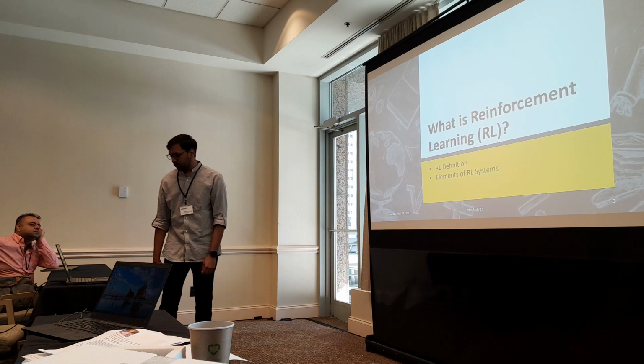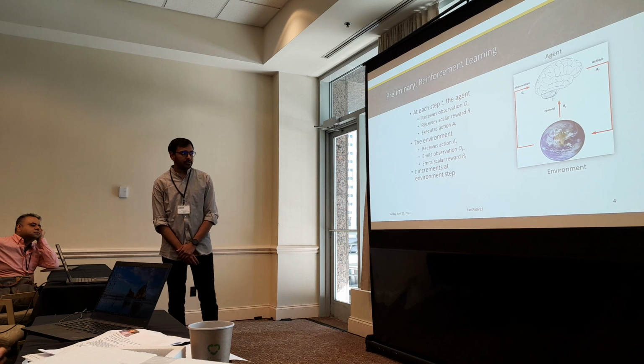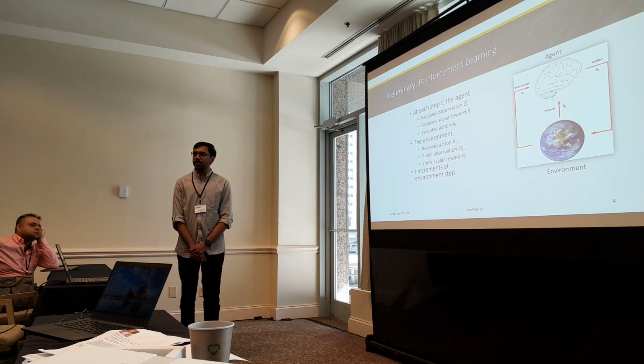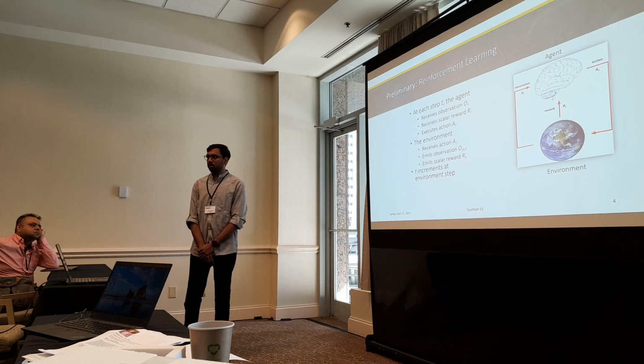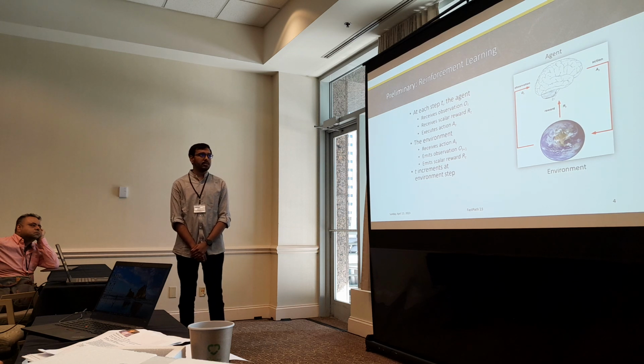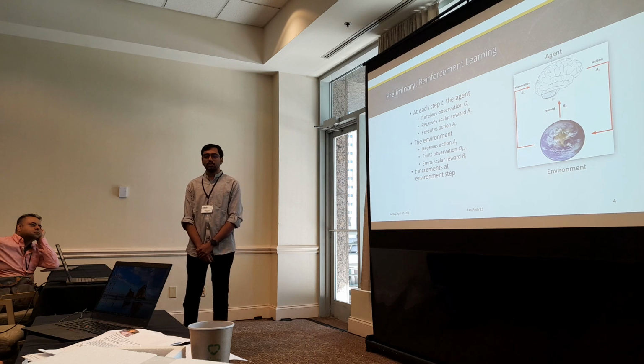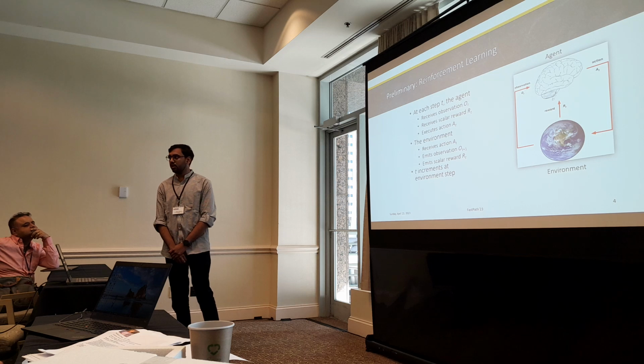So the preliminaries go like this. In a basic reinforcement learning system, as you all know, we have a single agent, and the main elements of a reinforcement learning system are an agent, an observation, an action, and also an environment.